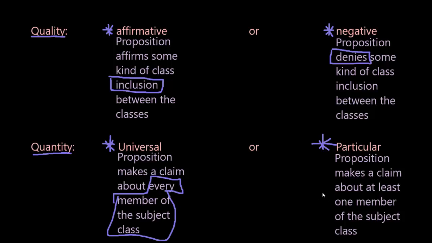Whereas particular categorical propositions make a claim about at least one member, but not all, but at least one member of the subject class.